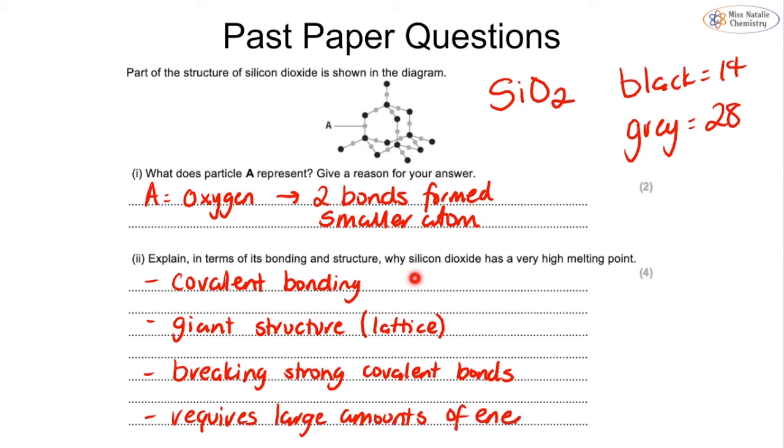Now we don't want to say it requires a high temperature because the question tells us that. We have to say what that means in terms of the high temperature, and you should be relating it back to energy. So because we're breaking our strong covalent bonds, then we require a large amount of energy in order to do that, because this is a lattice structure.